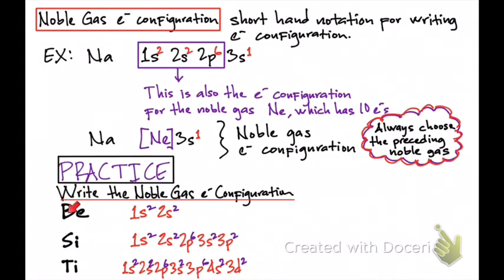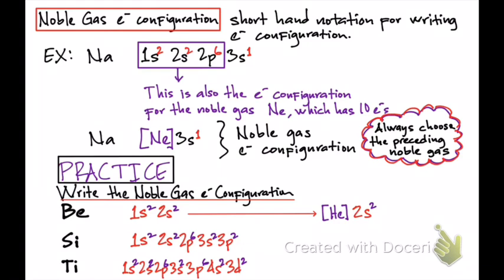In the periodic table, helium is the noble gas before beryllium. And so we're going to use that as our starting point. And we know that helium has 2 electrons. So that means that you can knock out the 1s2, the first 2 electrons, and then replace this with the symbol of helium. So we have helium followed by the rest of the electron configuration. In this case, helium and then 2s2.